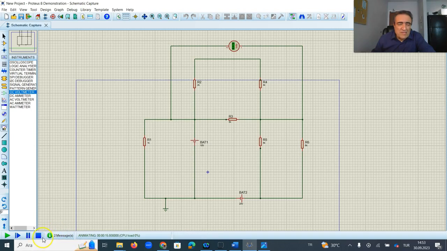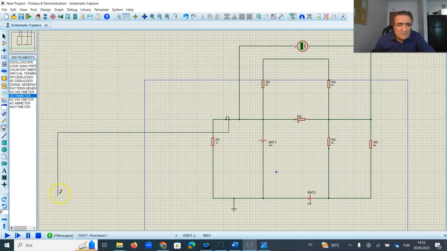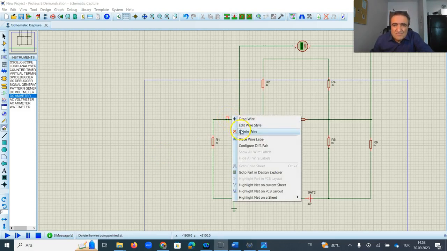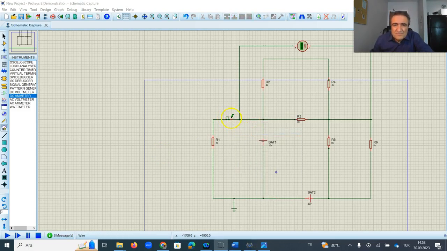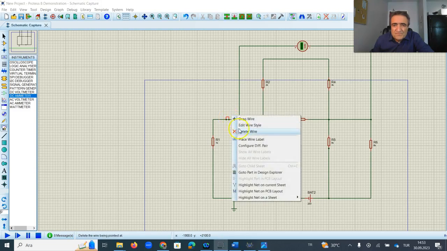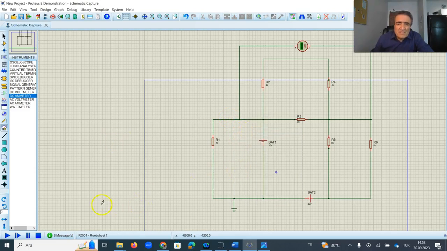I want to bring an ammeter here. Okay, here.